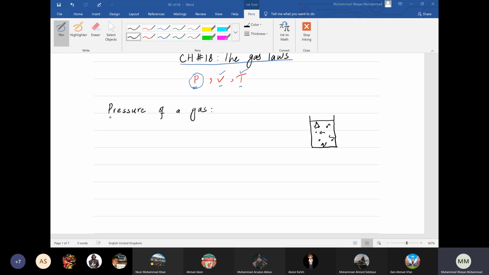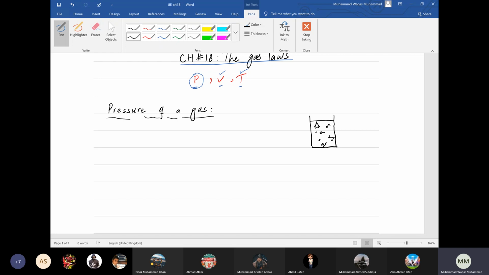First of all, you need to understand gases exert pressure due to the collision between the gas molecules and the walls of the container. When gas molecules hit the wall of the container and bounce back, what happens? Their velocity changes, their direction of motion changes.